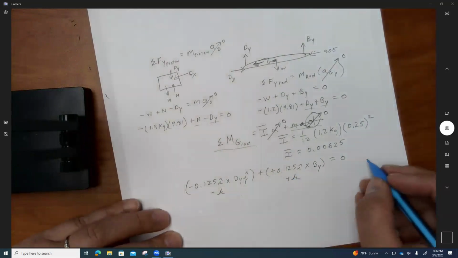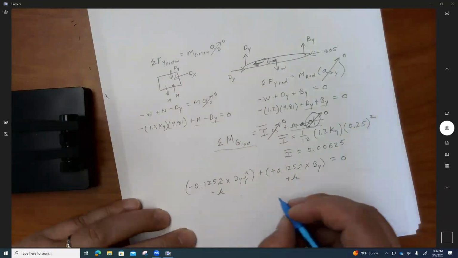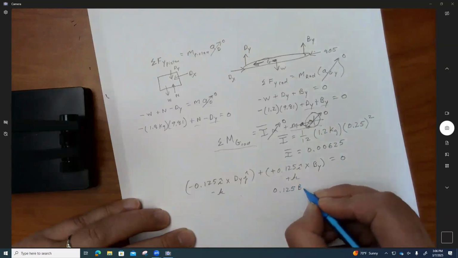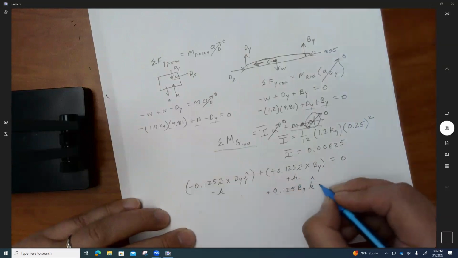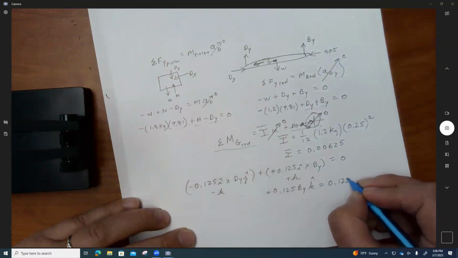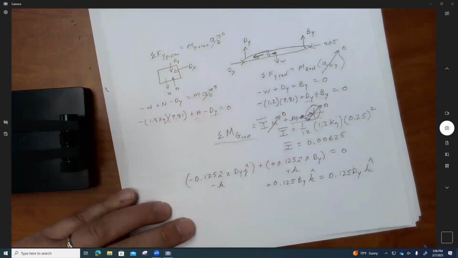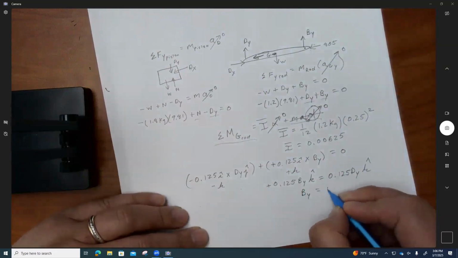If we move it to the other side, we get 0.125 By in the plus k direction equal to, the negative goes away, 0.125 Dy in the k direction. And so By is equal to Dy.